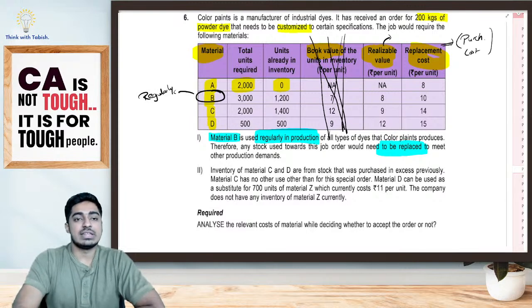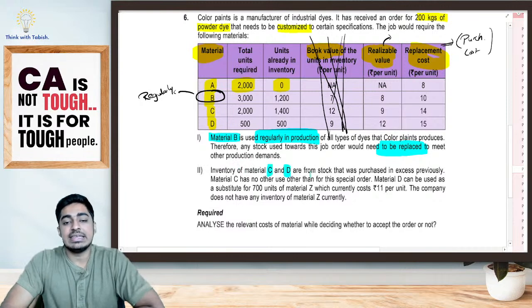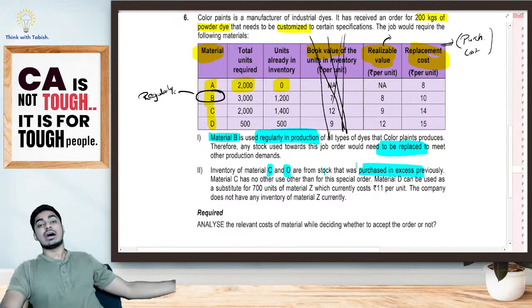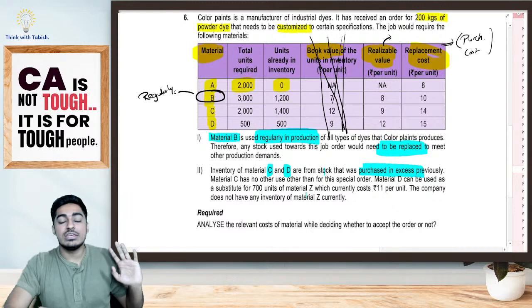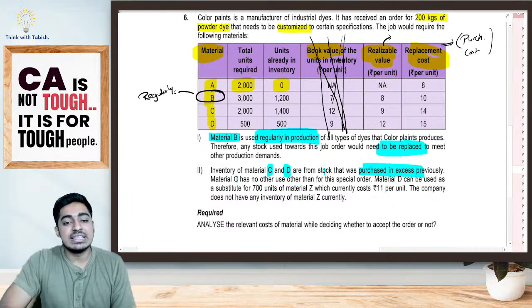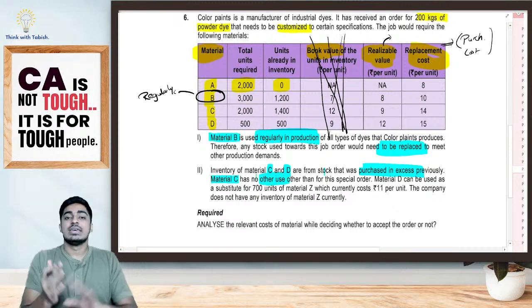About raw material C and D, let us see what the question is telling. Inventory of raw material C and D are from stock that was purchased in excess. We had purchased extra. That means it is not regularly used. There is no use of it now. The question is telling material C has no other use. Is there any alternate use?